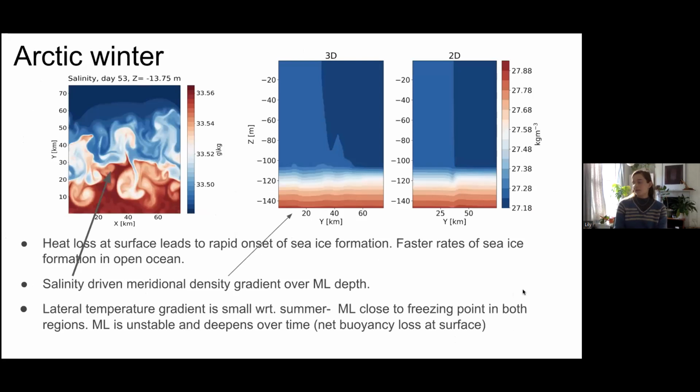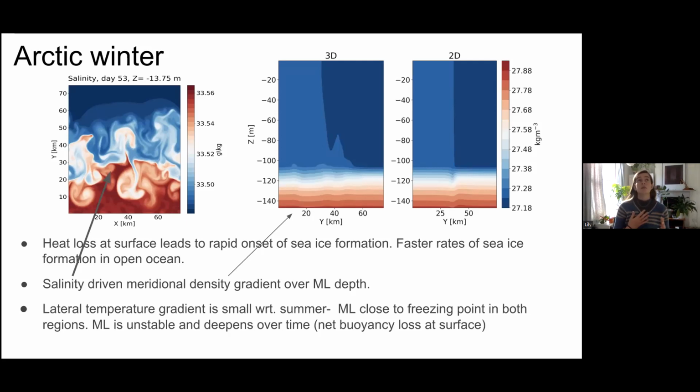Okay, so that was talking about the Arctic summer and what I saw in those simulations. And as I said, I also looked into what happens under winter conditions. So that means I essentially started the model run again, and this time used different initial profiles and different forcings.